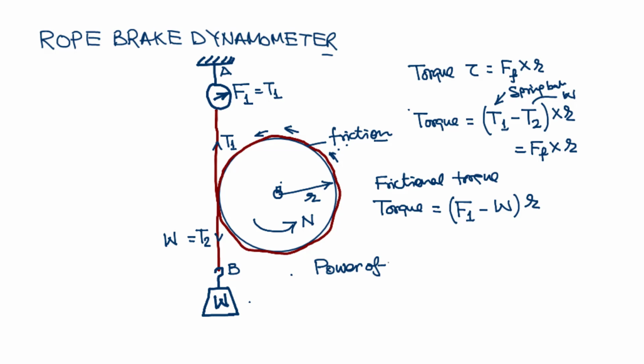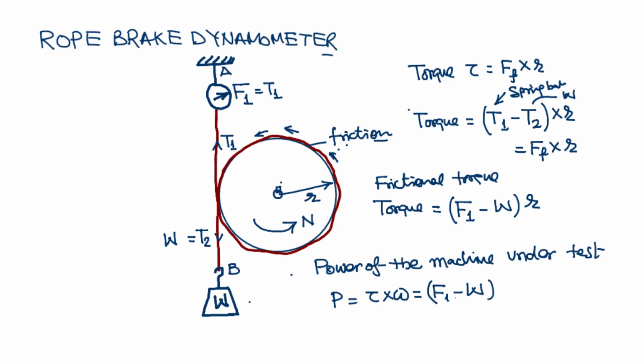Now power developed by the machine or power of the machine under test is equal to torque multiplied by omega, and torque equal to F1 minus W into R, into omega 2 pi n by 60.